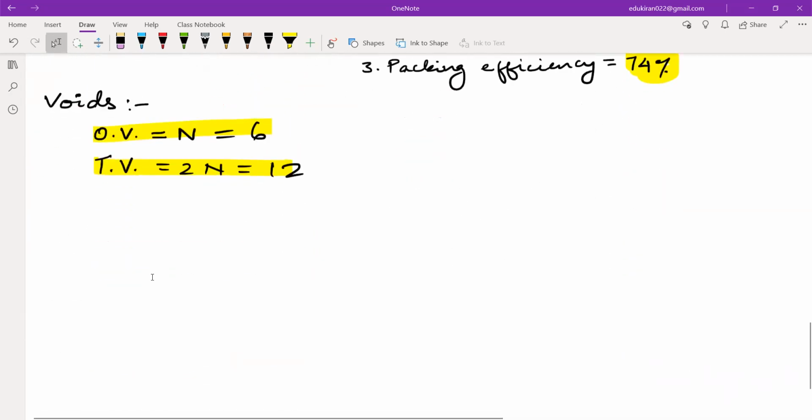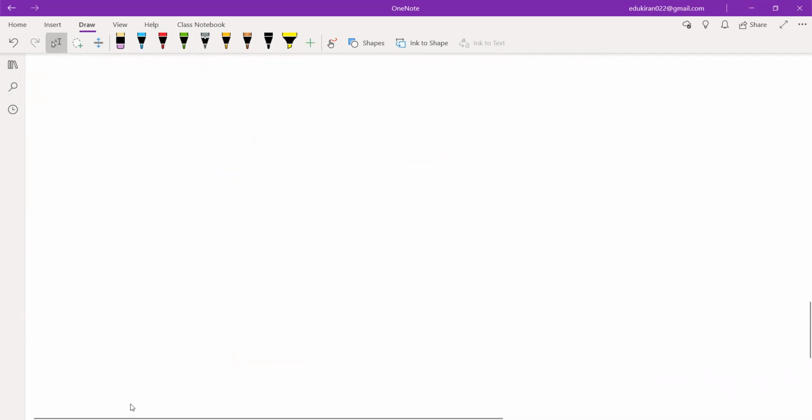But before that, I will summarize the whole thing. What we have done till now is 1D packing.